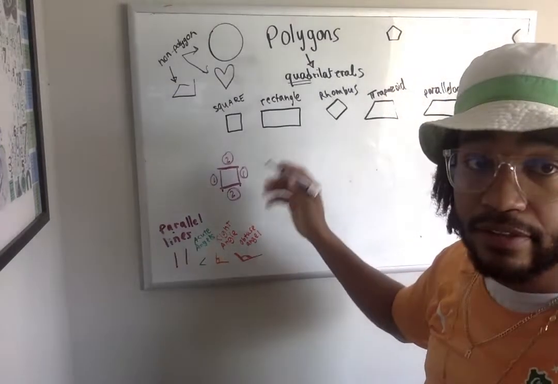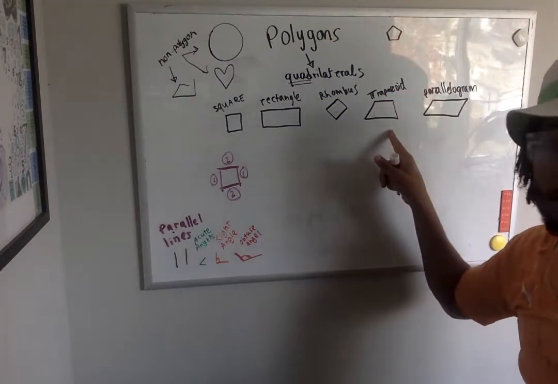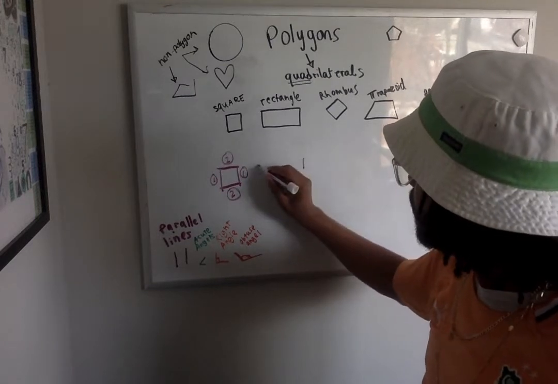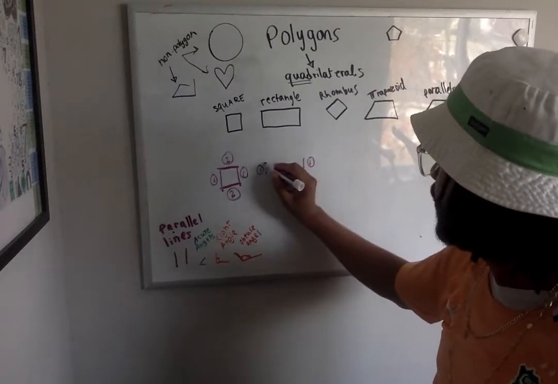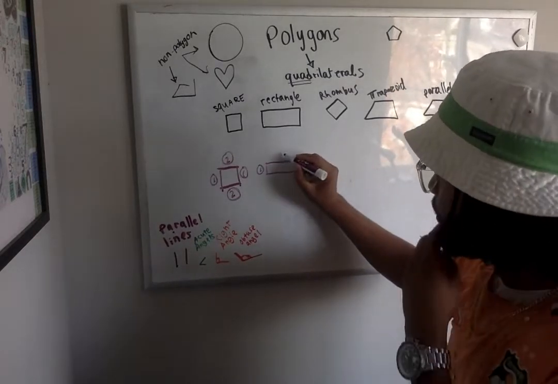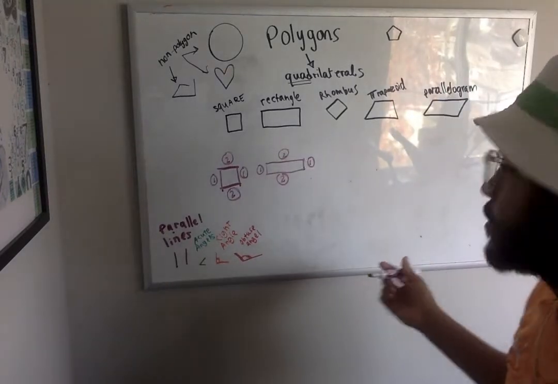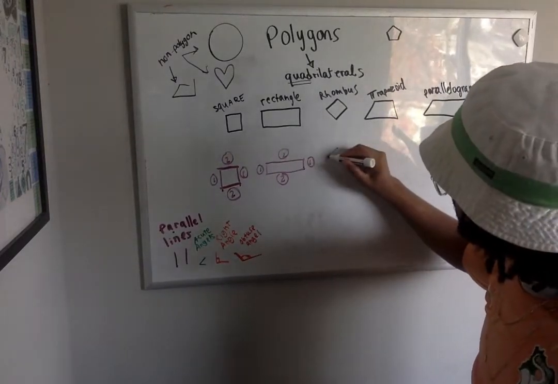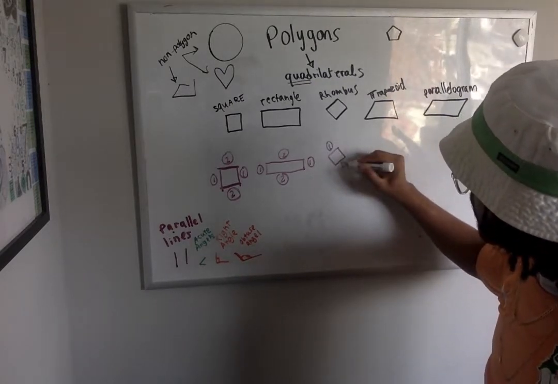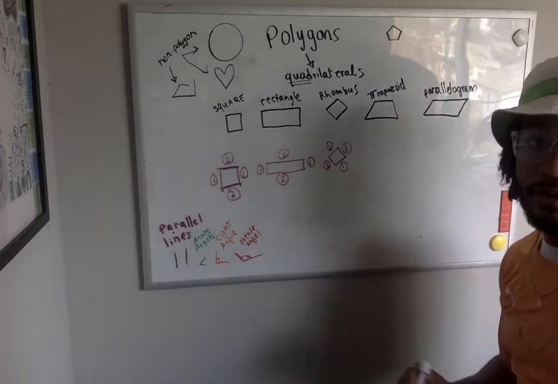All of these actually have 2 pairs of parallel sides, except for a trapezoid. So for a rectangle, these are parallel, and then the top sides are usually longer, or it could be the sides, doesn't matter. And that's your second pair of parallel lines. A rhombus, these sides are parallel, and these sides are parallel. So it has 2 pairs of parallel lines.